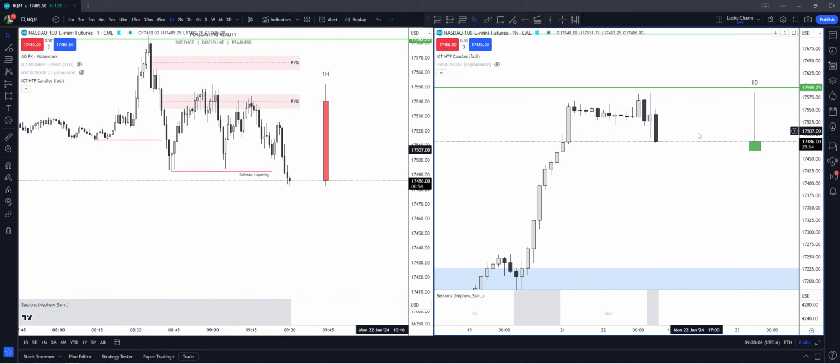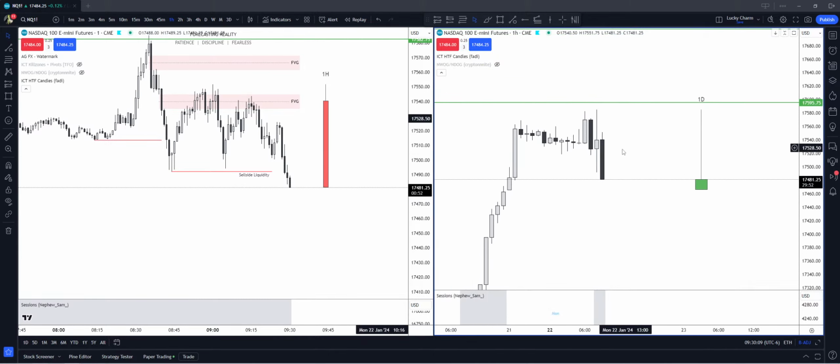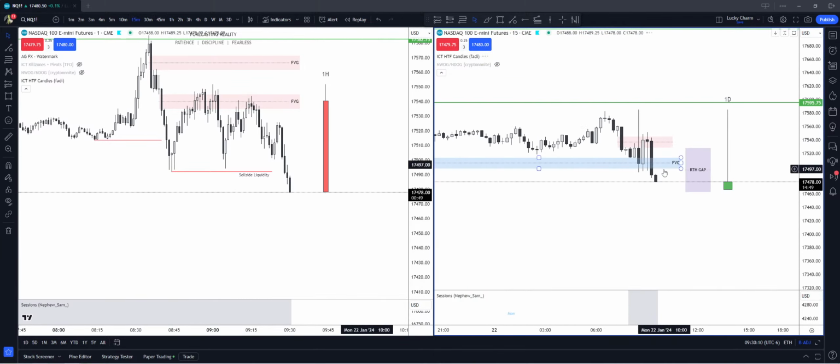You can't check the RTH gap on indices. There is none. That's why you have to utilize the futures feed.